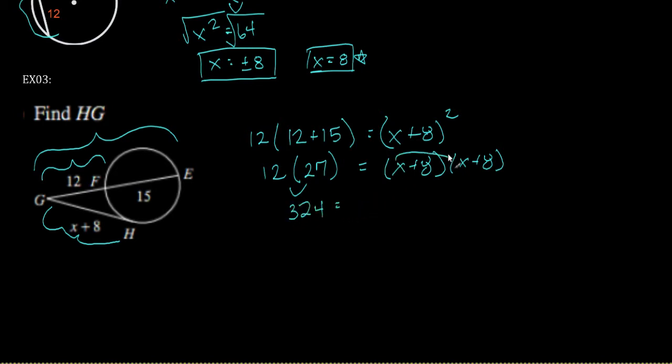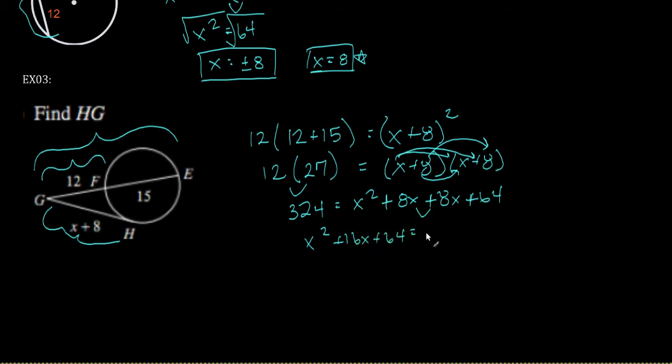Equals x times x, x squared, x times positive 8 or plus 8 is 8x. 8 times x is... Now, there's an easier way to do this if you remember how to complete the square, but those of you that don't, I'm showing you all the work. So, I'm going to switch these over here. X squared plus 16x plus 64, remember I combined those, equals 324.